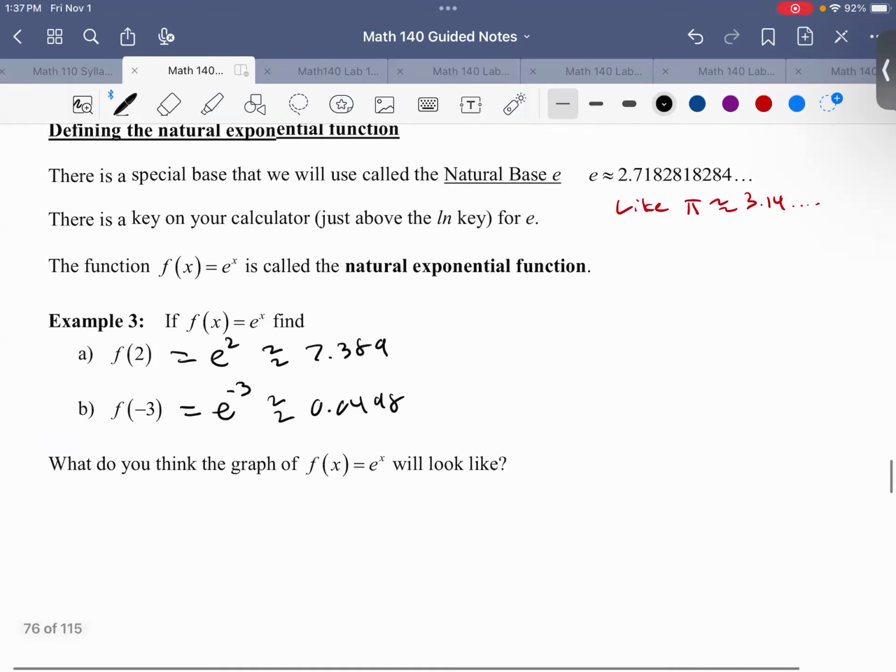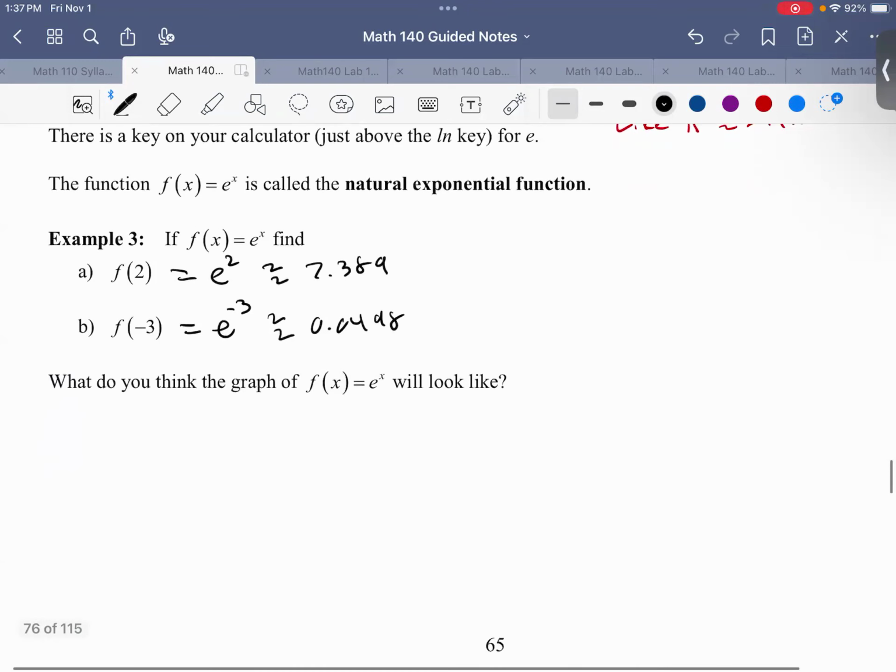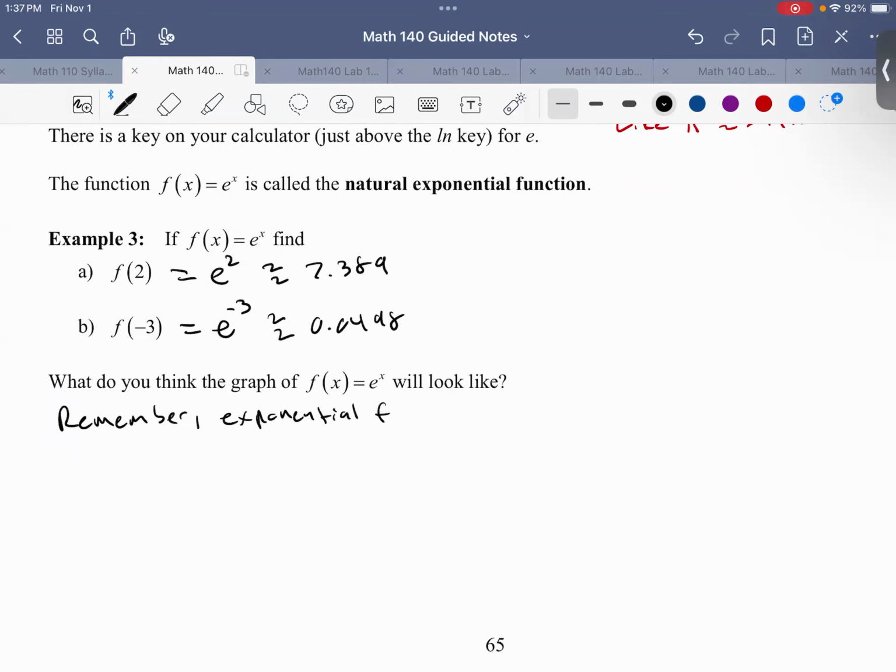So we learned about natural base e. So what do we think the graph of this would look like? So remember, exponential functions are of the form f of x equals b to the x.